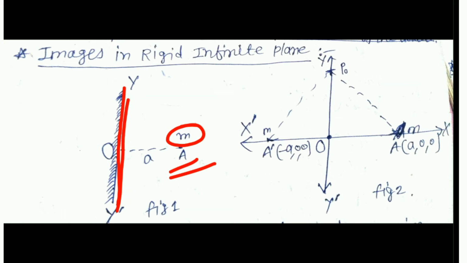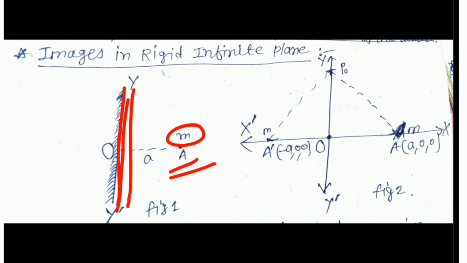Now consider the pair of sources minus m at A and plus m at B close together on the one side of the rigid plane y dash.